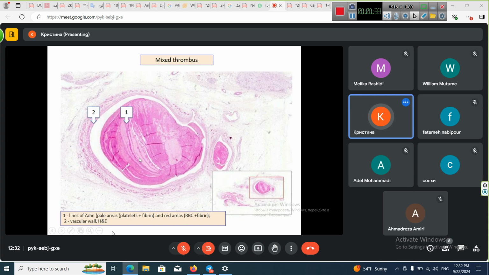Pale areas correspond to platelets and fibrin, and red areas correspond to red blood cells and fibrin. So this zebra-like appearance is the presence of lines of Zahn.